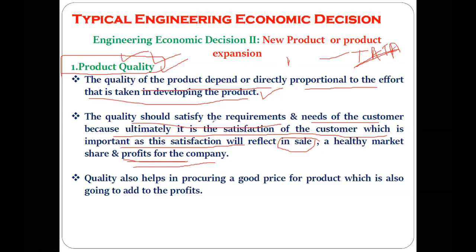All these things happen when the company produces a quality product. Correct or not? Yes, sir. And if all these things happen, then definitely the company can decide a good price for the product, and because of that the profit of the company will definitely increase.